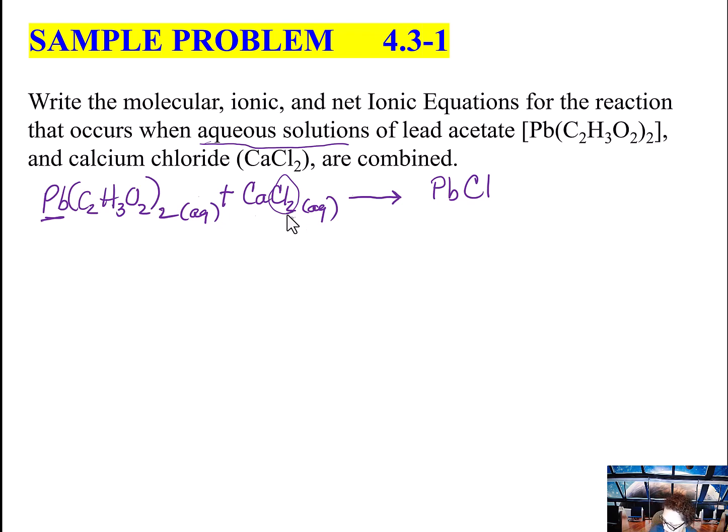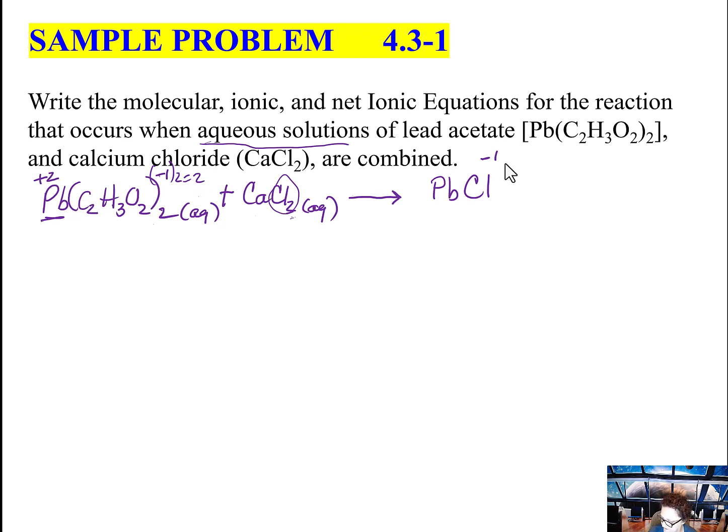Acetate is a -1. So the lead that was with the acetate is a +2, because it took 2 of those acetates to have a neutral compound.